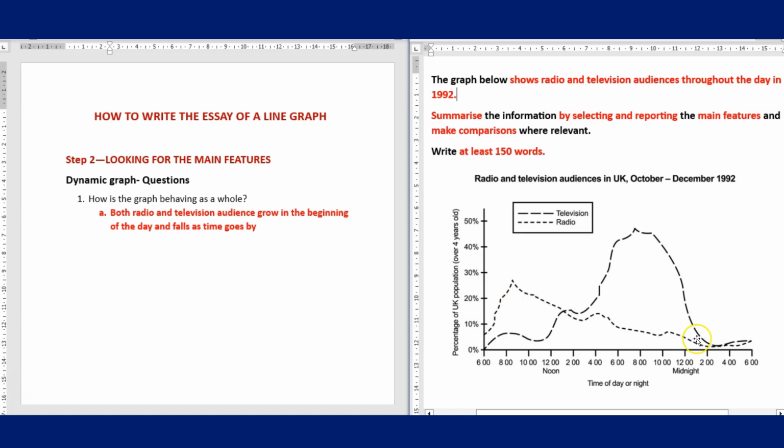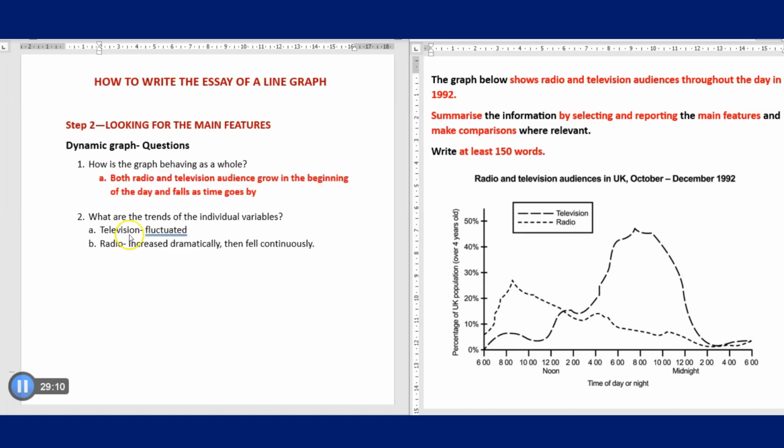They just fell later on. So it's answered here as both radio and television audience grow in the beginning of the day and fall as time goes by.